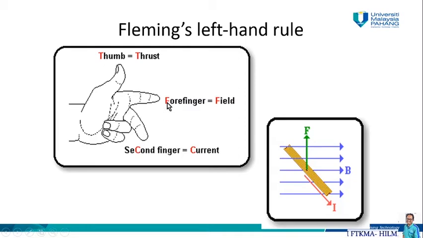F, your forefinger or index finger, is going to show the direction of the magnetic field, or B. And C, the second finger, is going to show the direction of the current through the conductor, which can be a wire or anything. So you can use Fleming's left hand rule to understand the direction of the force, the magnetic field, and the current.